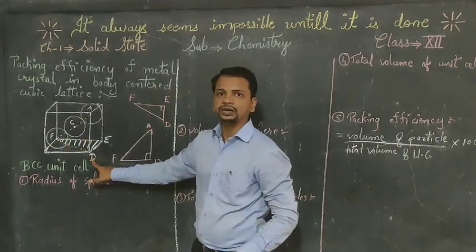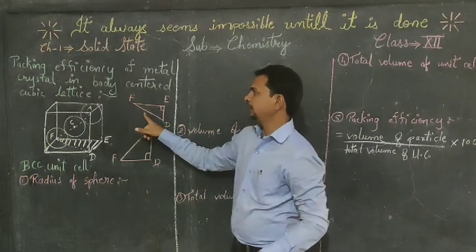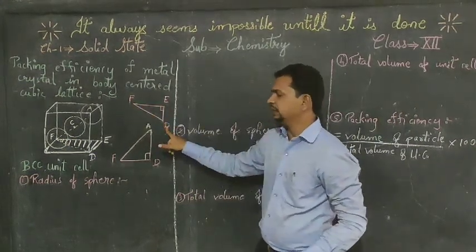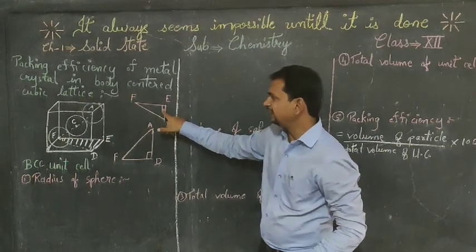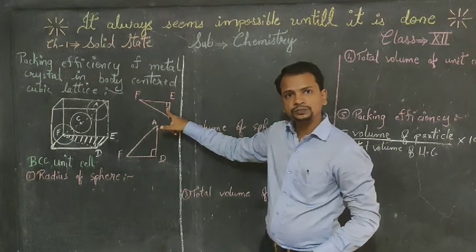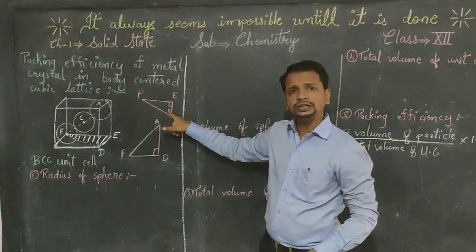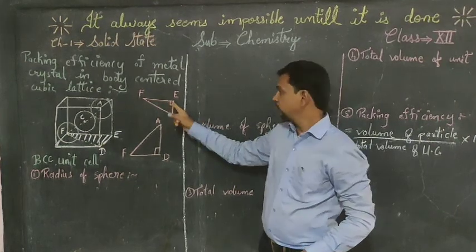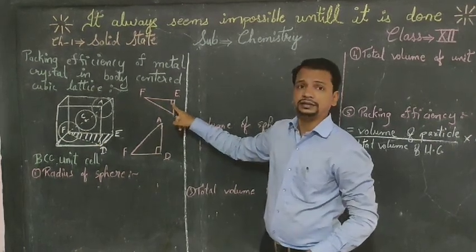In this triangle, angle E is 90 degrees. We know that in a cube, any two sides always make an angle of 90 degrees. So here this angle is 90 degrees.